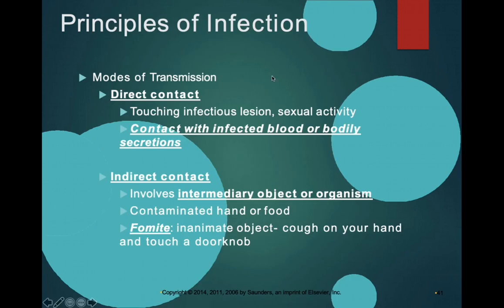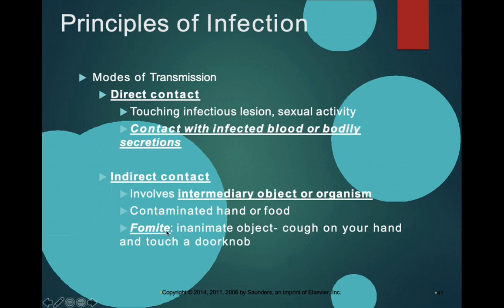The mode of transmission could be direct or indirect. Direct would be touching an infectious lesion or sexual activity when there's contact with infected blood or bodily secretions. That would be direct contact. Indirect contact involves an intermediary object or an organism, right? Contaminated hands or contaminated foods.